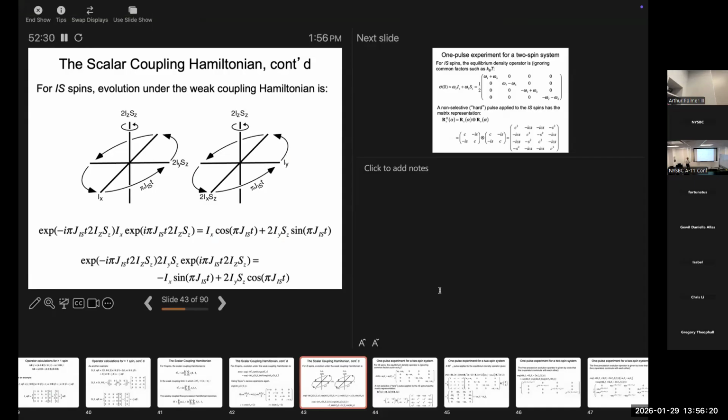We then say, for our two-spin system, we recognize that Ix represents, in some way, a doublet where the two members of the doublet are both positive, or both have the same phase.